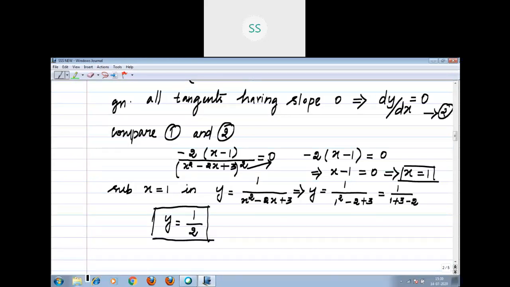Now, what is the equation of the tangent they are asking? What is the formula I told you? Equation of the tangent, point slope form.